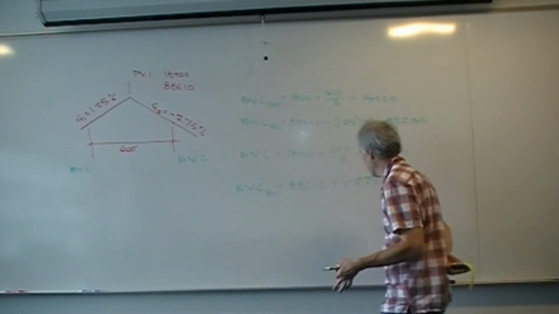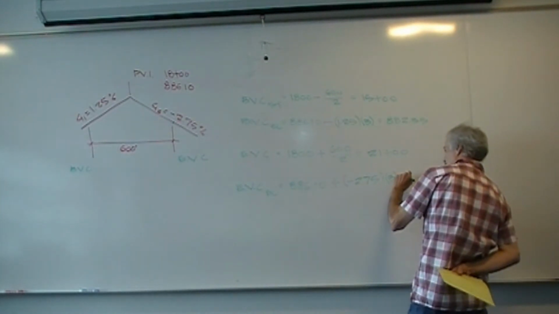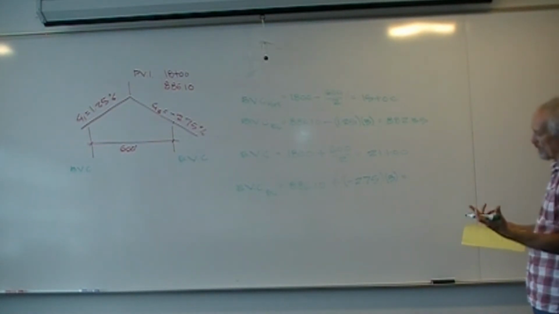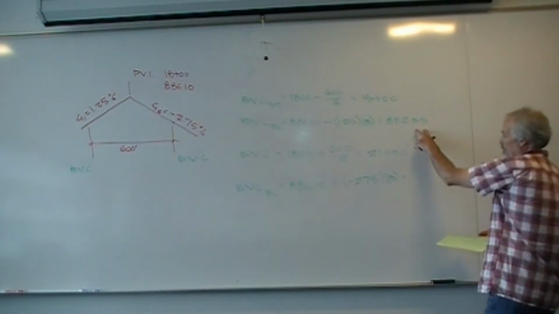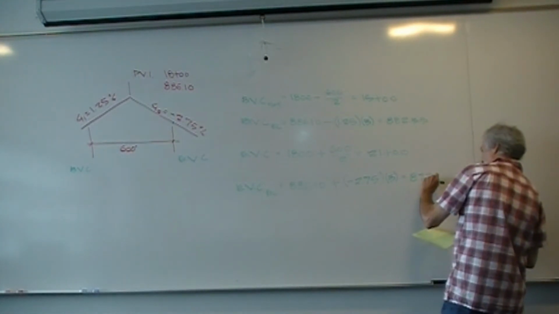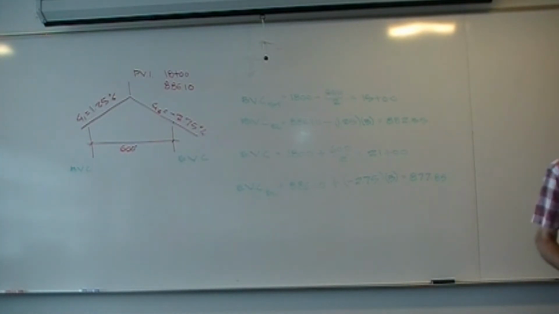So we're going to convert that to 3 stations. And again, by that picture, it looks like it should be dropping, and it is, and it's dropping at a larger rate than the other one, so it should drop further than this. When I calculated mine, you guys can verify this, we get 877.85. Okay?